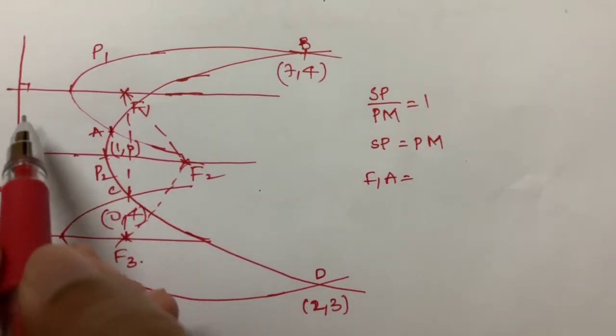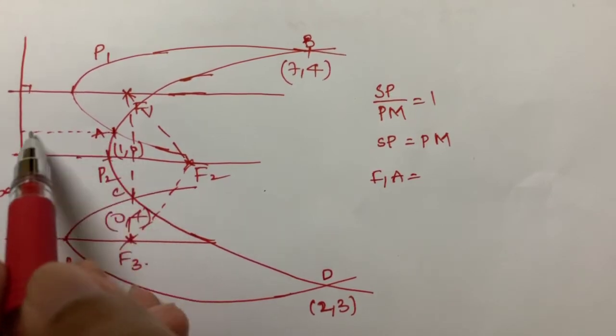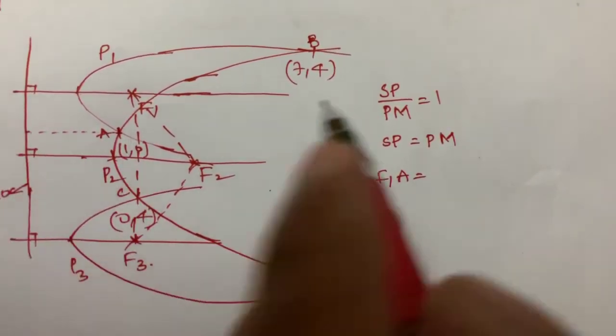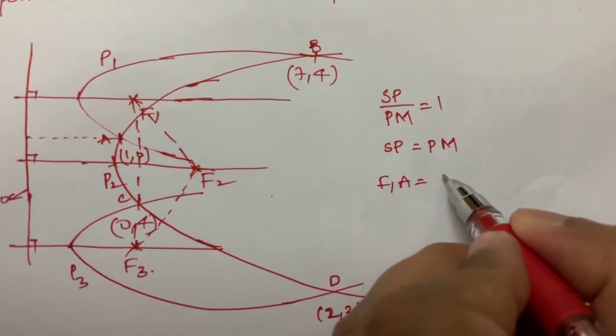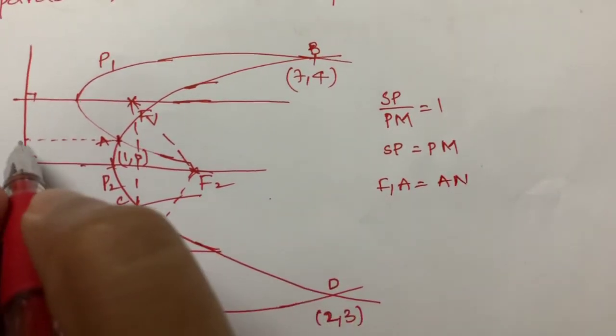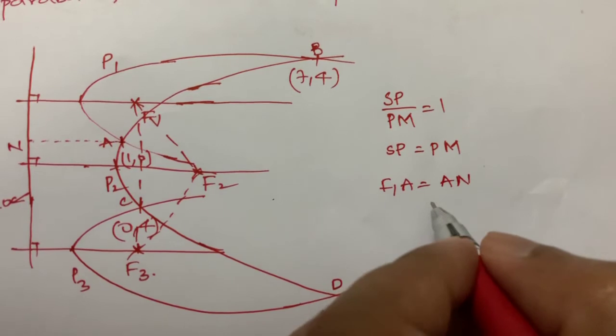If I draw a perpendicular, F1A is equal to A N, call it equation 1.